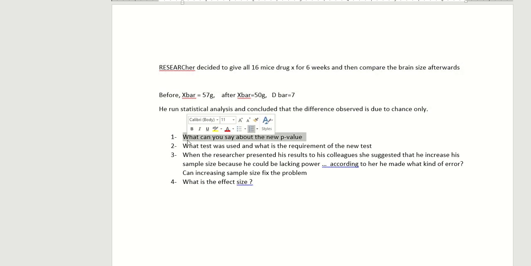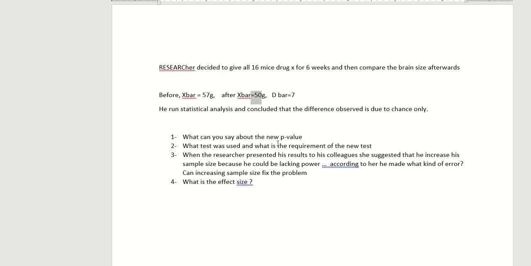All right, so what do we have that can help us answer this question? Let's read the last sentence. The last sentence says, he ran statistical analysis and concluded that the difference is due to chance only. What does it mean, the difference is due to chance only? Meaning that the difference he observed here between the 57 and the 50 is not real.